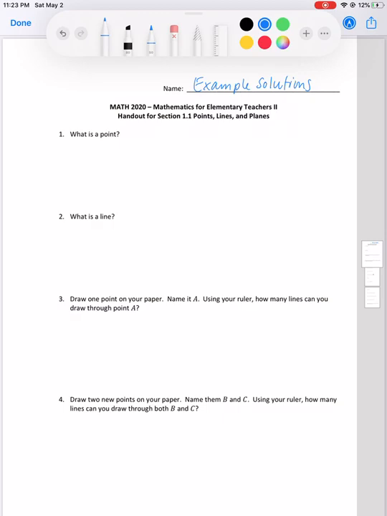First of all, we're going to begin with what is a point. A point is a zero-dimensional object.